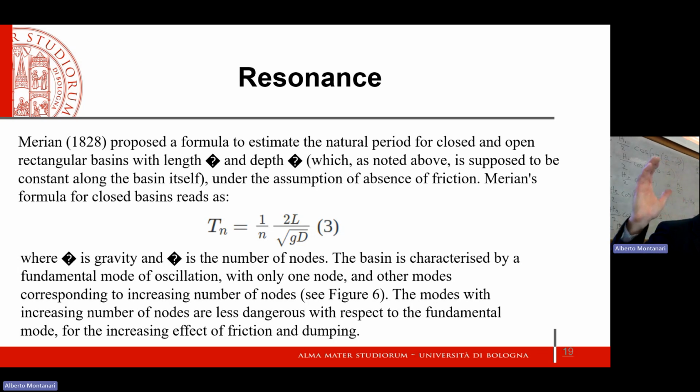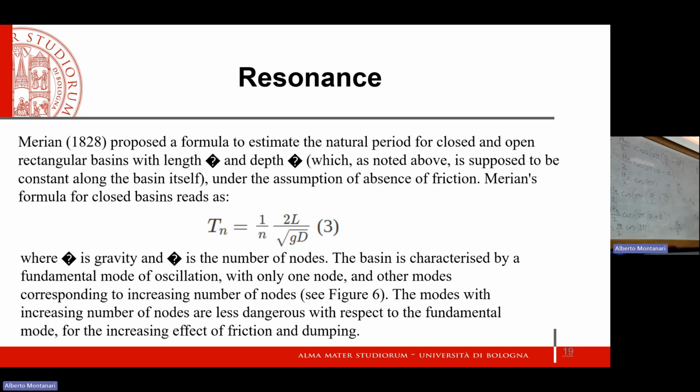Okay, so it's the distance covered during the period, twice the length of the basin. And at the denominator, you see the square root of the product of the gravity times the depth.